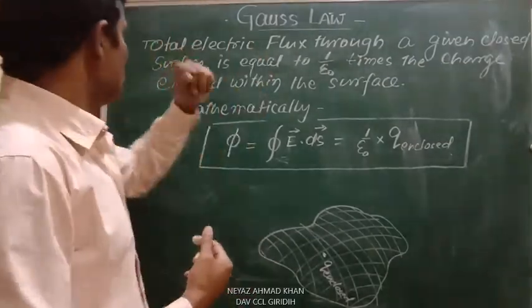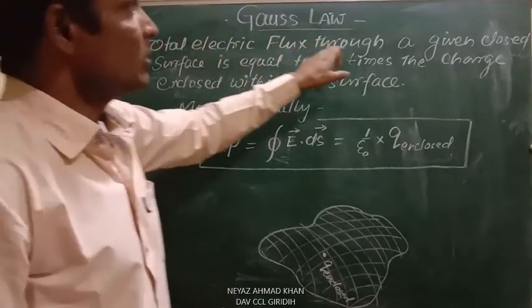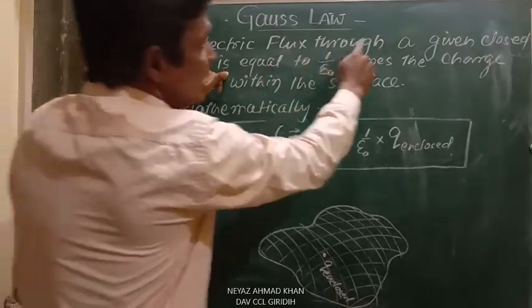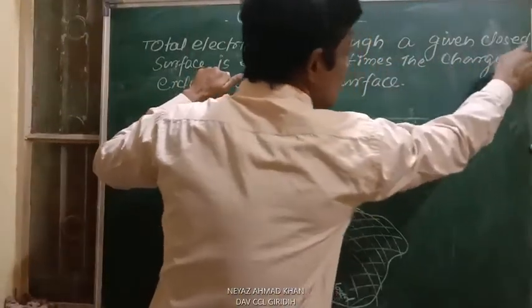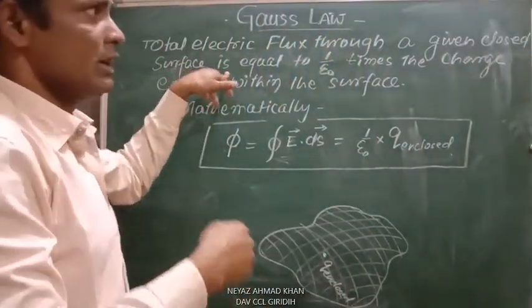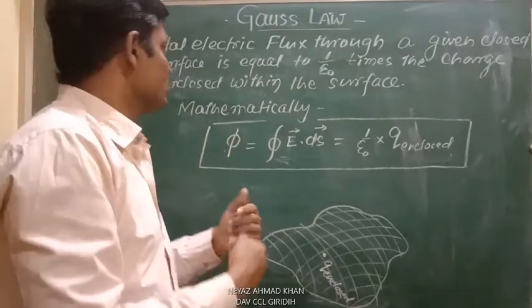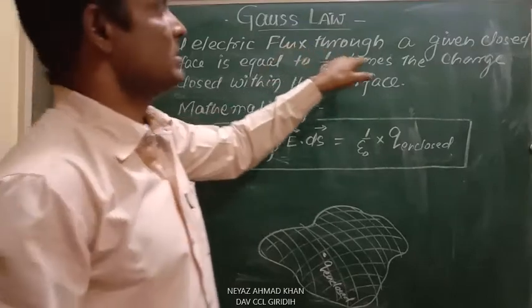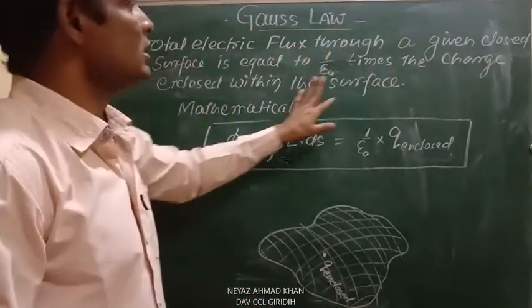So what is Gauss law? The total electric flux through a given closed surface, and the surface must be closed, or it must be made closed, is equal to 1 by epsilon naught times the charge enclosed within the surface.